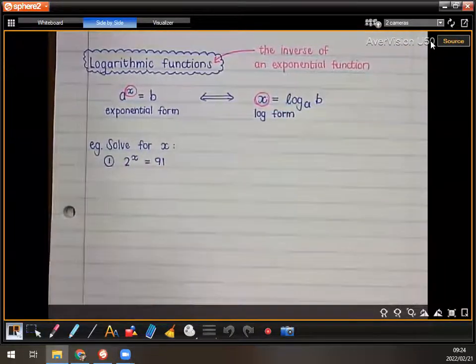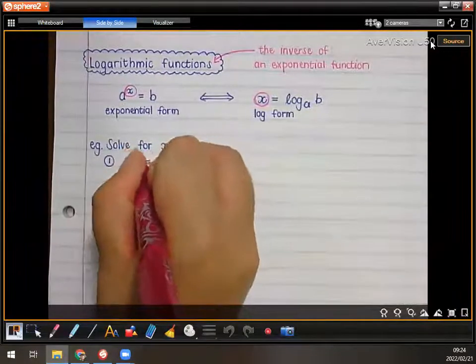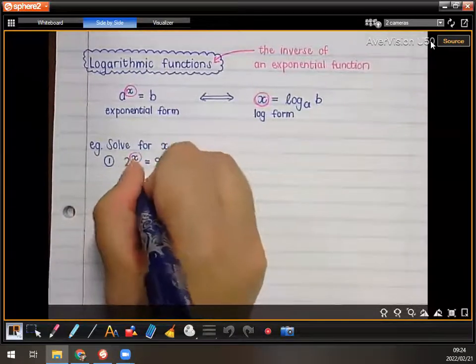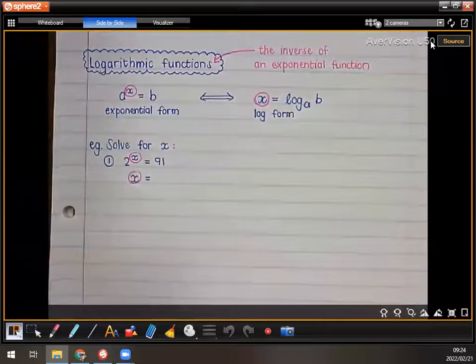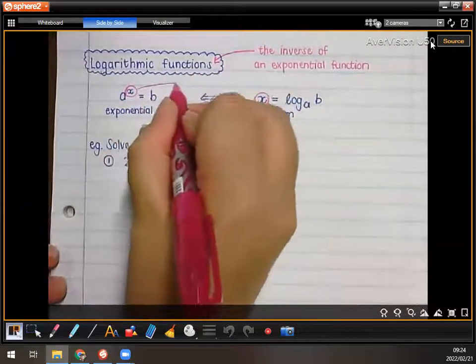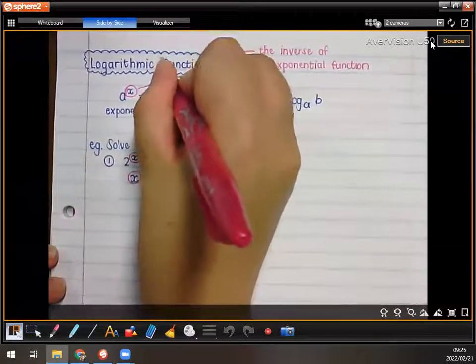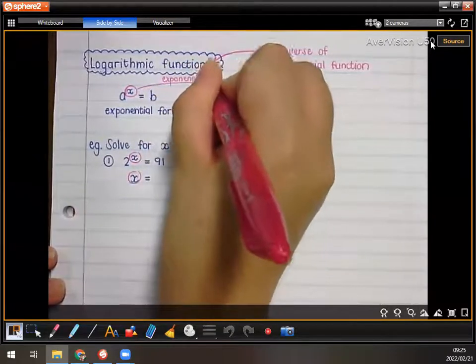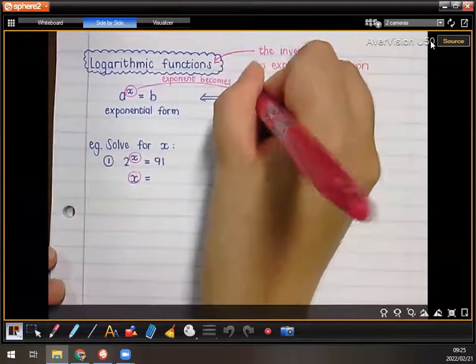So then you're going to say, please note that now we are wanting the exponent to become the subject. So we're using log form. We're going to say x is equal to, right? Exponent becomes subject. You can even make an arrow there at the top if you want. You can write above it, exponent becomes subject.